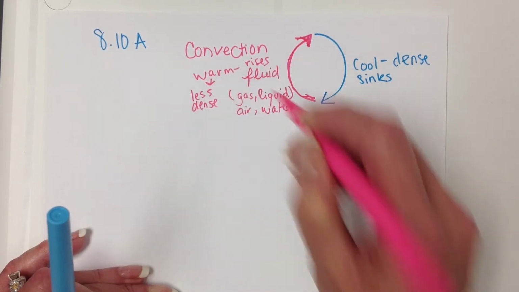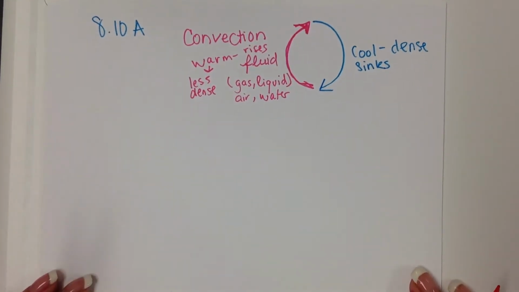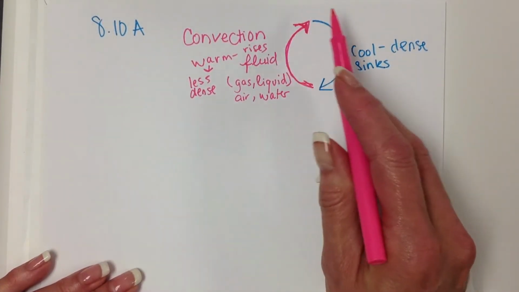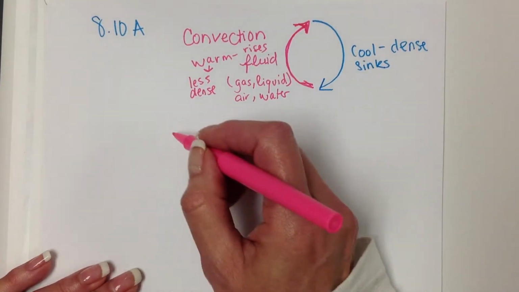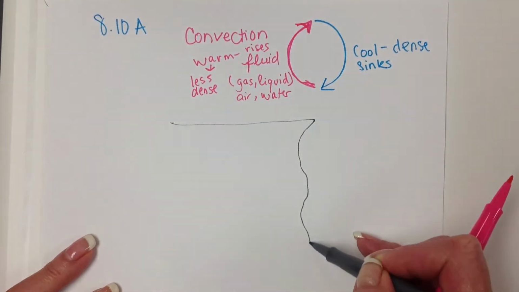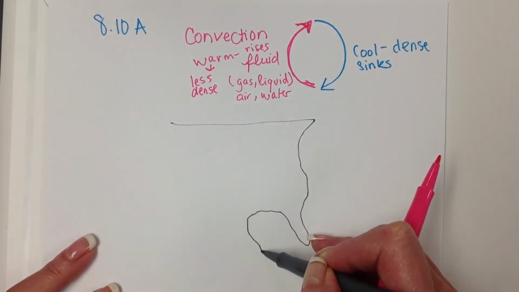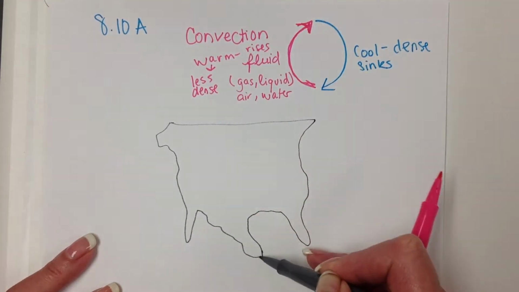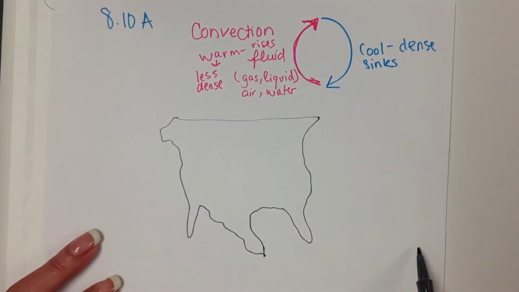Okay, so let's think about this. They were talking about oceans, and they were also talking about air. So this is what distributes energy in the ocean. So let's say here's the United States, and I'm not going to draw a great picture. Something like that. Okay, so here's the United States.